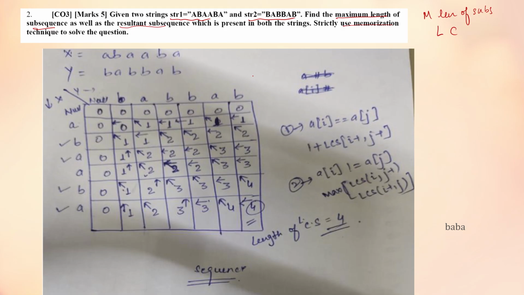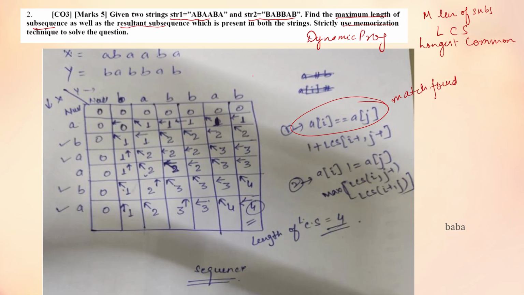This question is basically about the longest common subsequence. Now here we have to use memoization, that is dynamic programming. It is hinting that you have to use the dynamic programming approach. Now in case your match is found, if the characters match, you take the value of the diagonal top cell and add one.